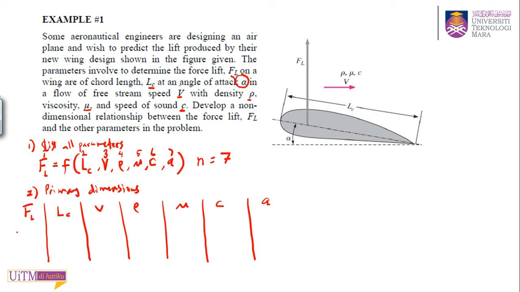We have discussed earlier. Force is equal to ma. So m is mass, M1, and a is acceleration, L1 T minus 2. Right? Right, sir. So that is the first primary dimension.